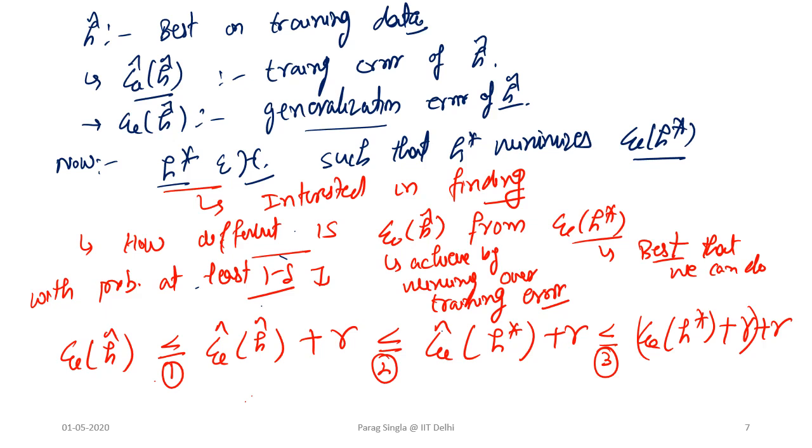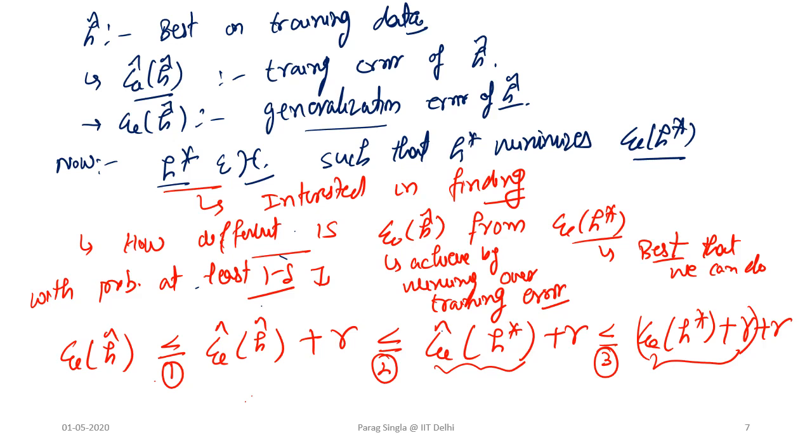Why? Because now applying the uniform convergence bound on h star, we know that the training error of h star has to be within gamma distance of the generalization error of h star. I marked that also.